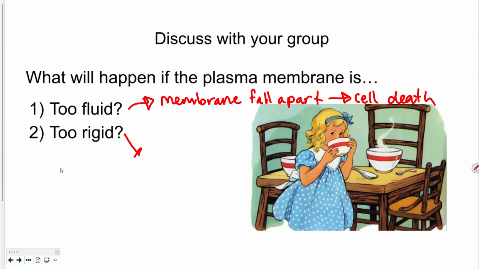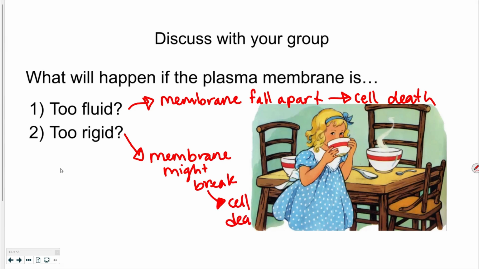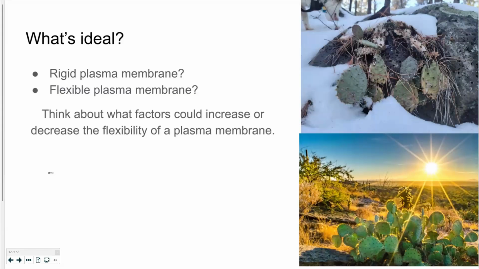If you're too rigid and there's not enough flexibility, then your membrane might break, again with the potential of resulting in cell death. So we need to find a Goldilocks zone. When we are talking about plasma membranes, we need them to be a little bit flexible so that we can have adaptability.